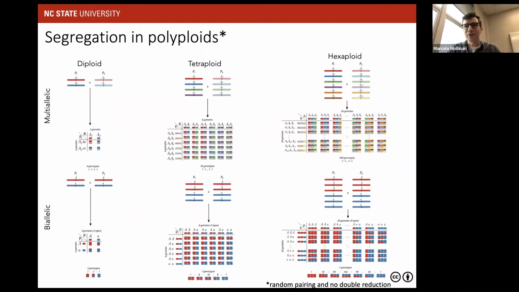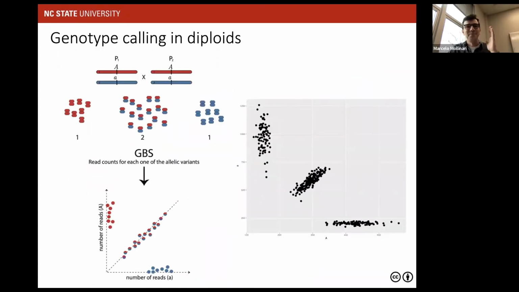The first question is how to assess this information. In diploids, we are very used to genotyping using GBS. This is the genotyping method of choice nowadays. In a diploid, it's very easy to separate the 2 homozygous classes and the heterozygous.